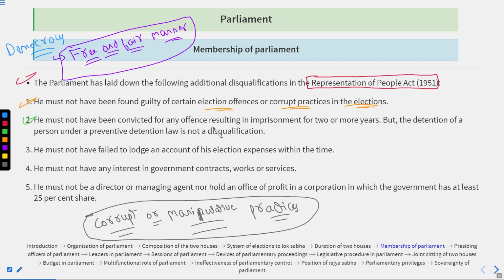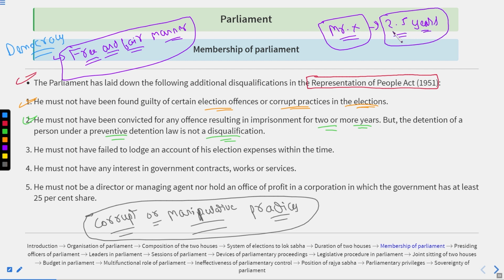Thereafter, he must not have been convicted for any offenses resulting in imprisonment of 2 years or more, but the detention of a person under the preventive detention law is not a disqualification. Suppose, for example, Mr. X commits some crime and offenses for which he is sent to jail for 2.5 years.